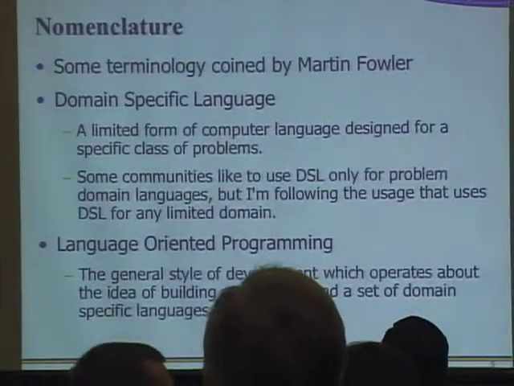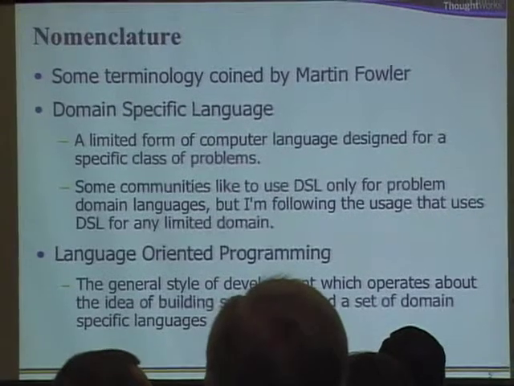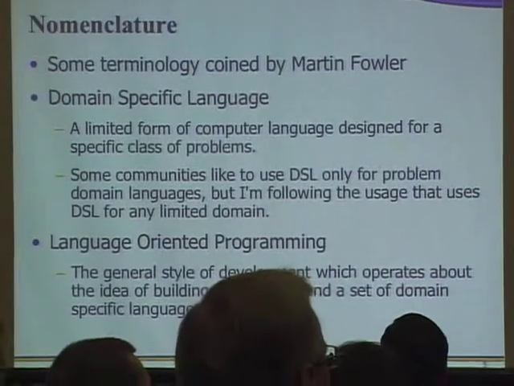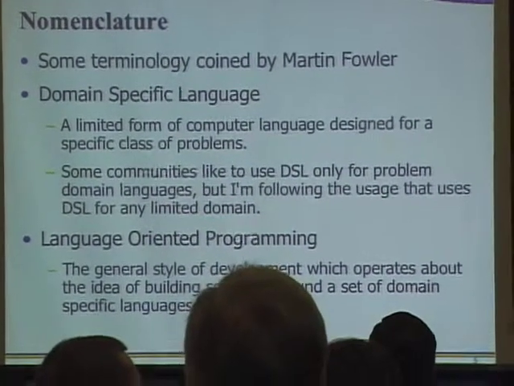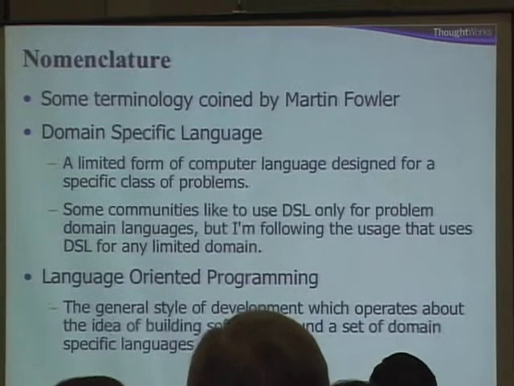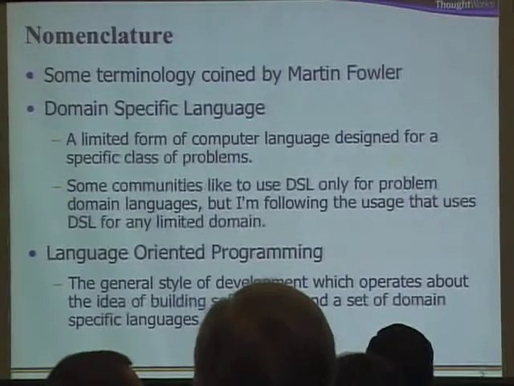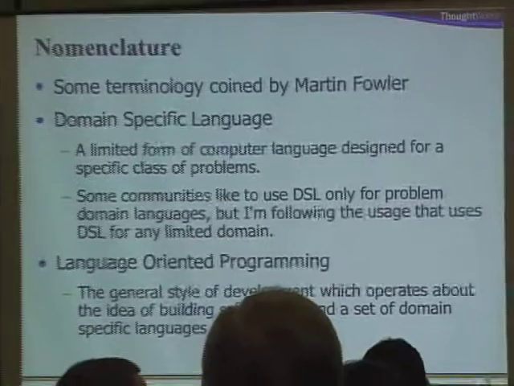But it turns out that DSLs are for any kind of thing where you create your own custom language. So I follow the usage that considers DSL to be applicable to any limited problem domain. We'll actually see that there are a bunch of DSLs created strictly for developer consumption, like Rake, that don't solve any business problem, but make the job of a developer much easier.